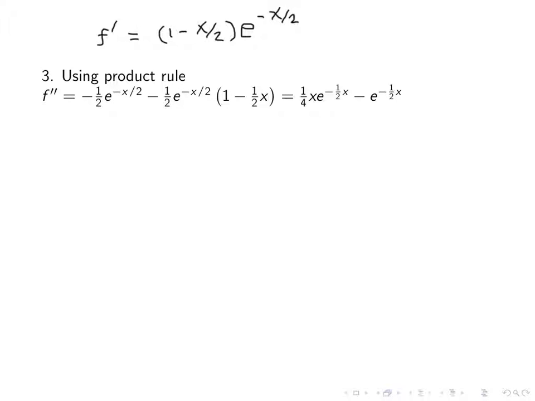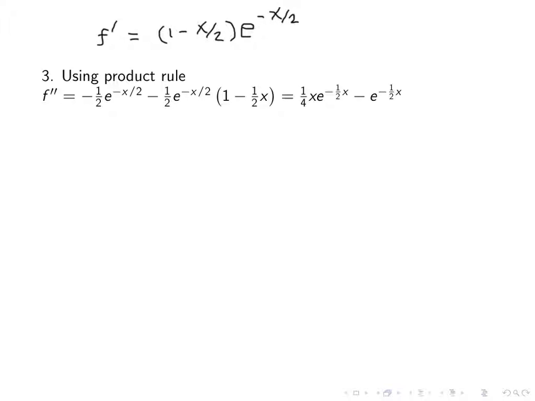Okay, and you can simplify this now to 1/4 x e to the minus x over 2 minus e to the minus x over 2, where the 1/4 comes from combining the minus 1/2 e to the minus x over 2 times minus 1/2 x.